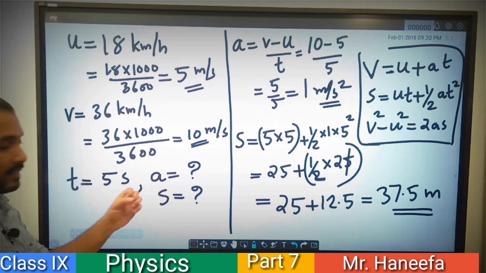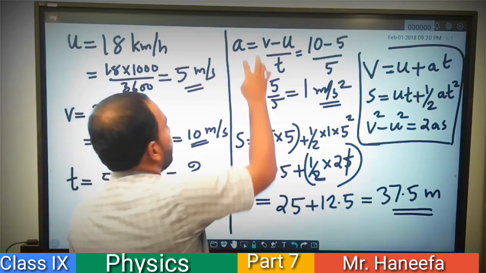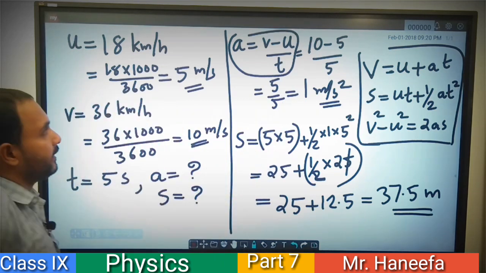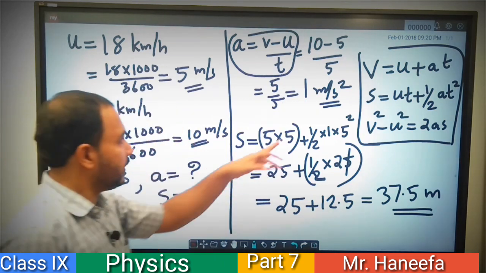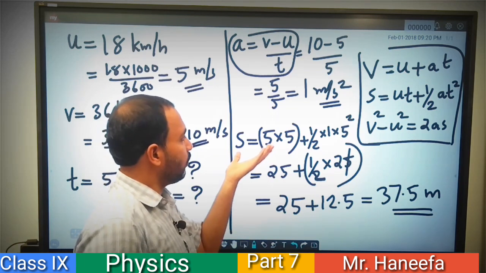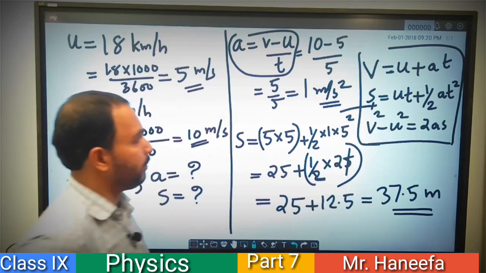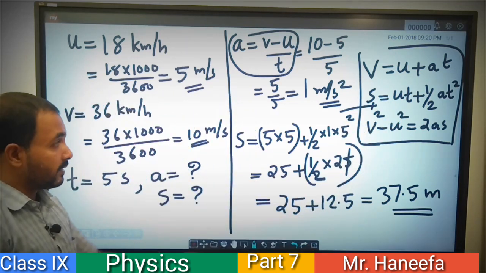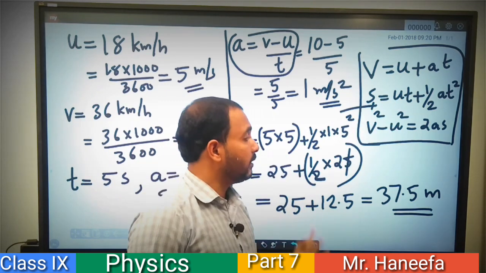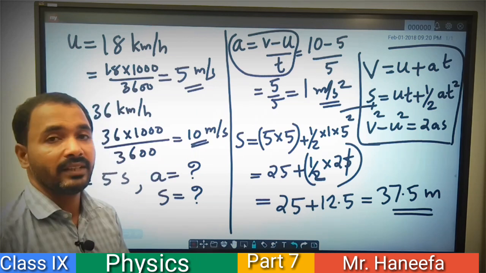So these are the given data u, v and t. We have to find acceleration and distance. To find acceleration, we use a equal to (v minus u) by t. Substituting the values, we get 1 meter per second square. To find s, we use s equal to ut plus half at square. Substituting the values, we get distance equal to 37.5 meter.